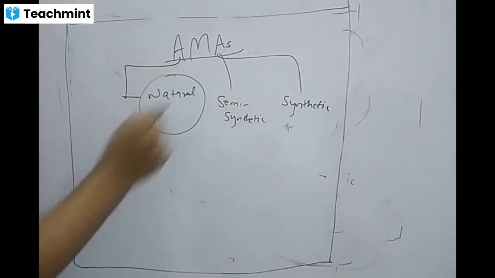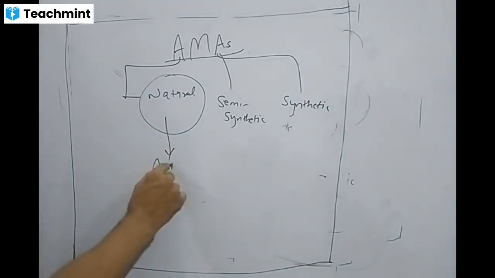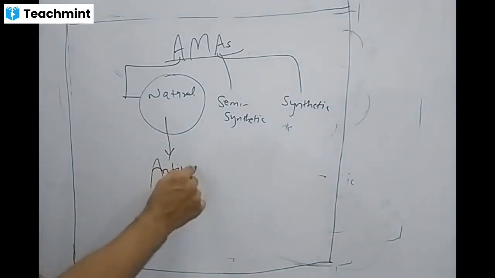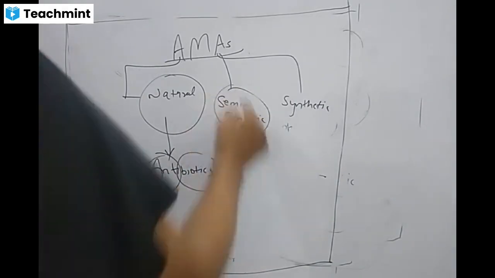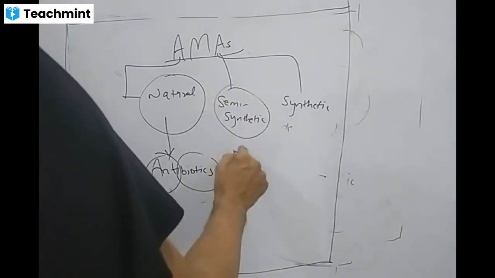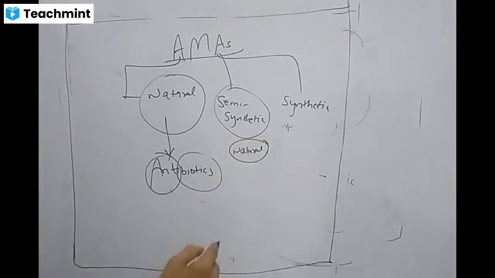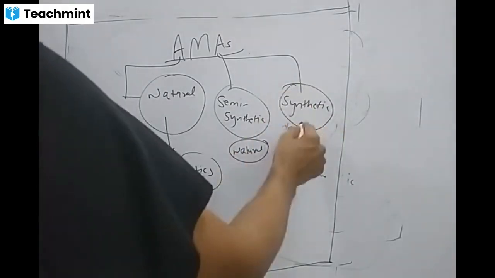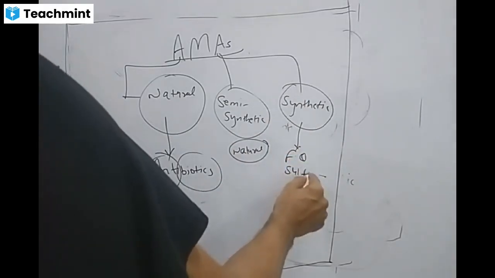The natural antimicrobial substances are known as antibiotics. Antibiotics means against the life. Then semi-synthetics are obtained by modification of the natural ones. And the synthetics, for example, fluoroquinolones and sulfa drugs.